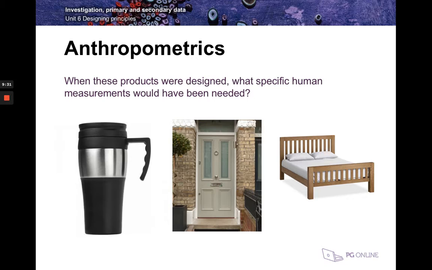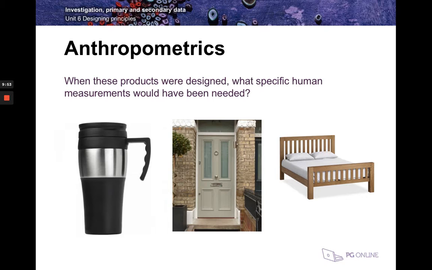It's not going to make that much difference to a small person. But for a door, you're going to need to think about the tallest human that's going to need to go through that door. So often it's not always the average. Sometimes you would take the top percent of the data in order to design your product.